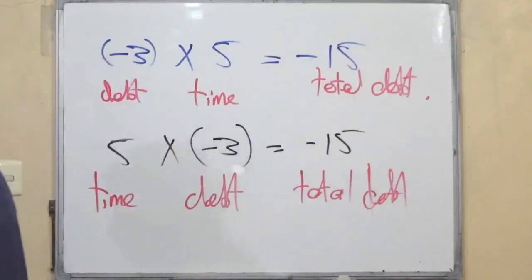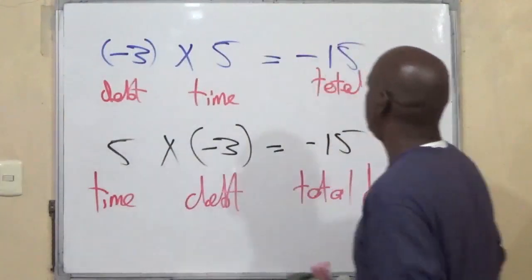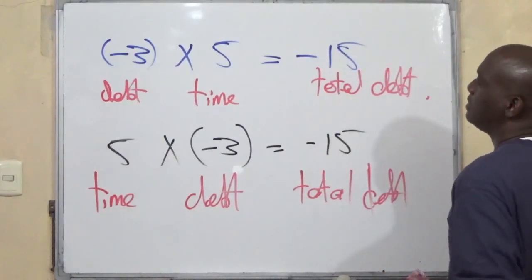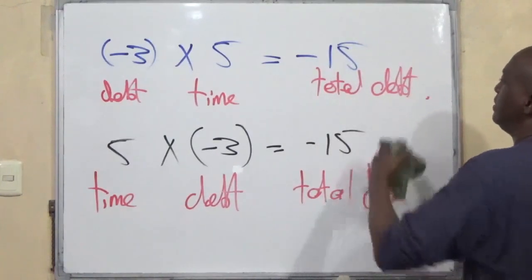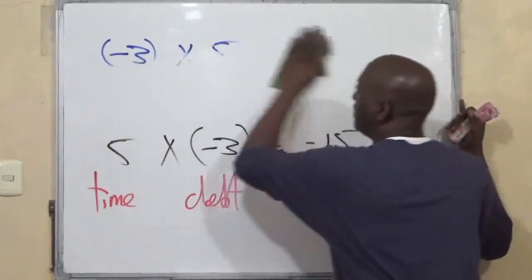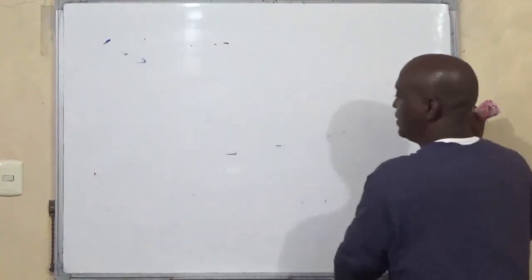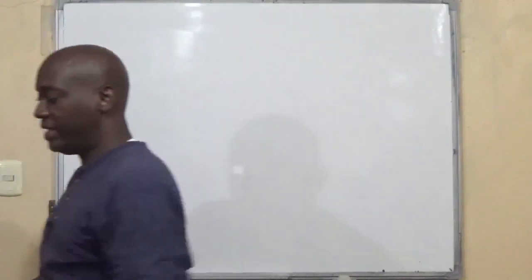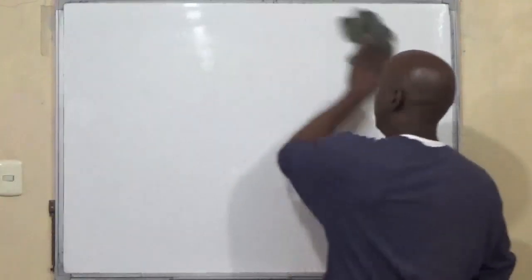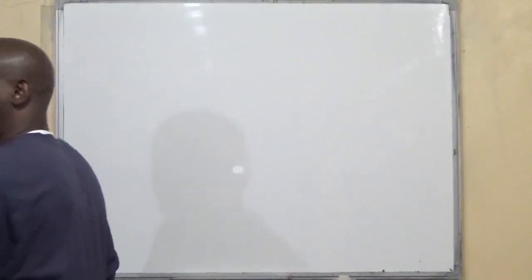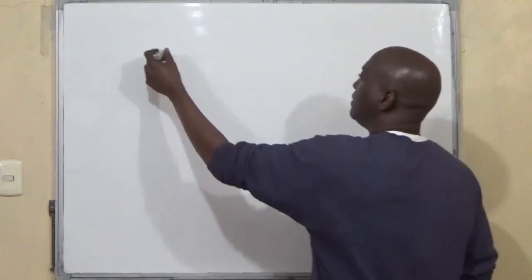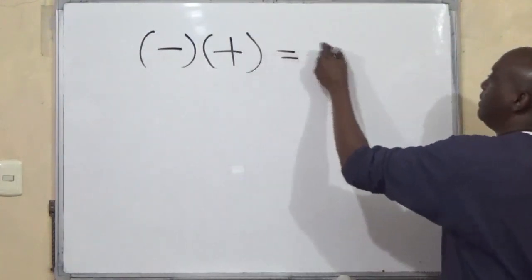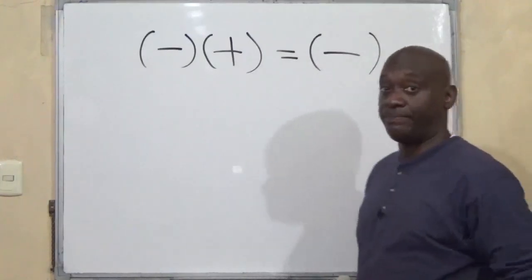When you're multiplying a negative number by a positive number, the answer is always a negative number.